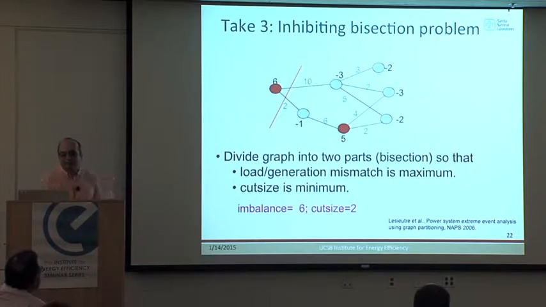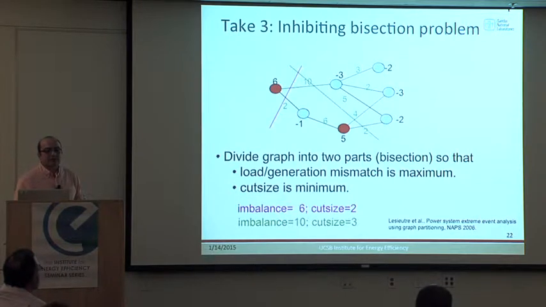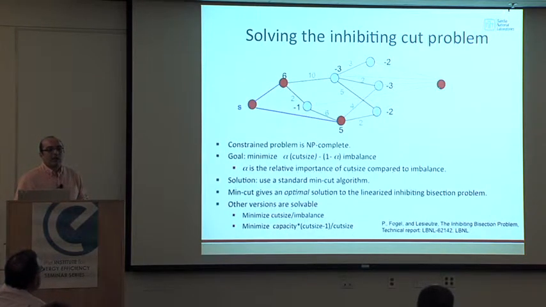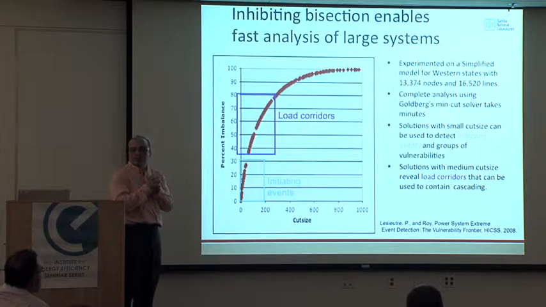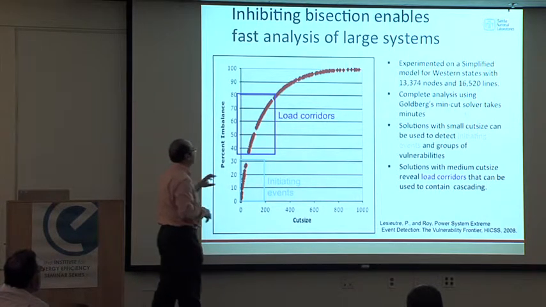How do I find them? I'm just showing you instances. You can turn the problem into a max-flow problem if you allow a trade-off parameter and iterate over alpha. That allows me to analyze extremely large graphs in a matter of seconds.